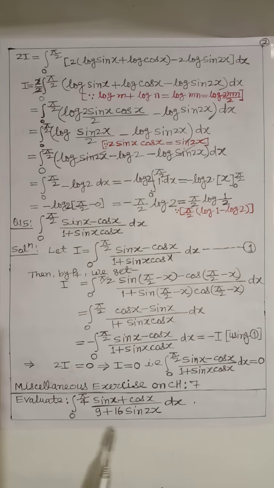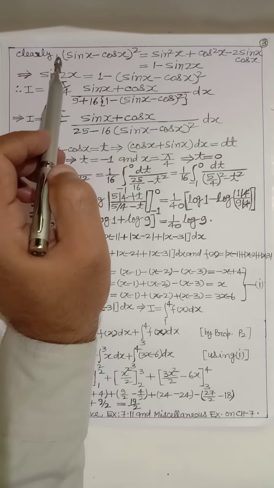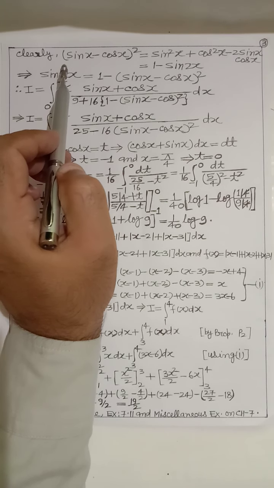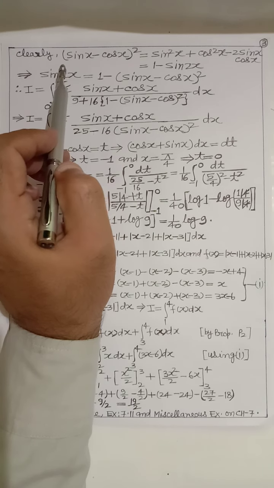Dear students, this is a very important question. Here we express the denominator in terms of sin x minus cos x, which is the integration of the numerator. So how can we express the denominator in terms of sin x minus cos x?